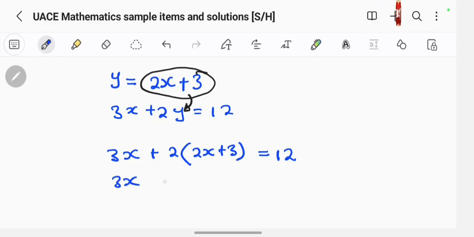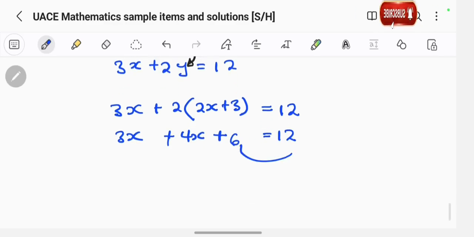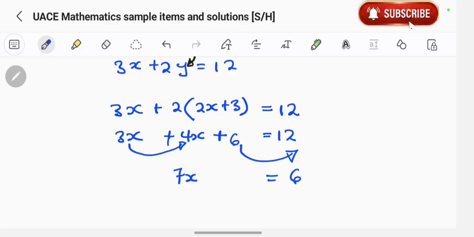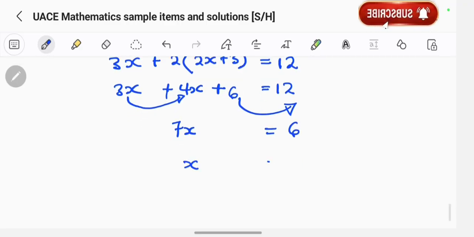So 3x + 4x + 6 = 12. When I move this 6 there, it's going to be 12 minus 6, which is 6. Then 4 and 3, that's 7x, giving me 6. Divide through by 7, you end up with 6 divided by 7 there. That's the first point, x.